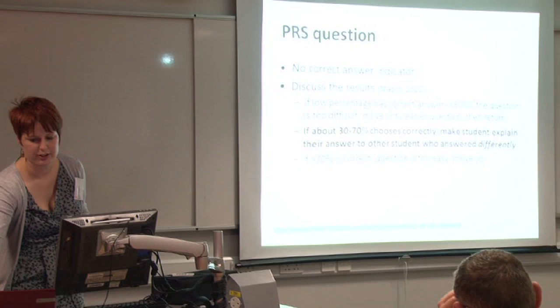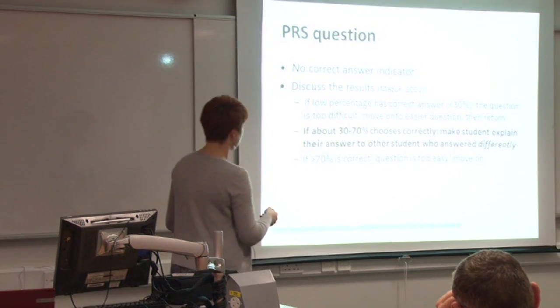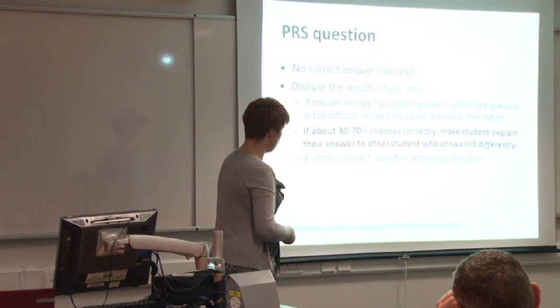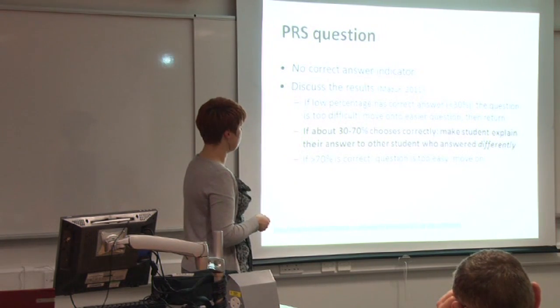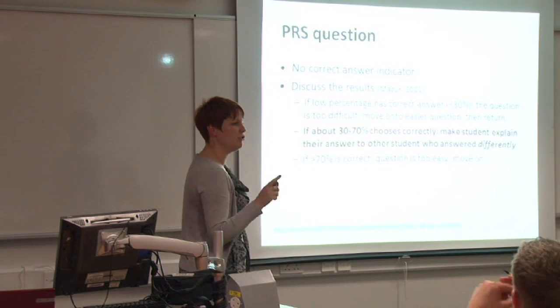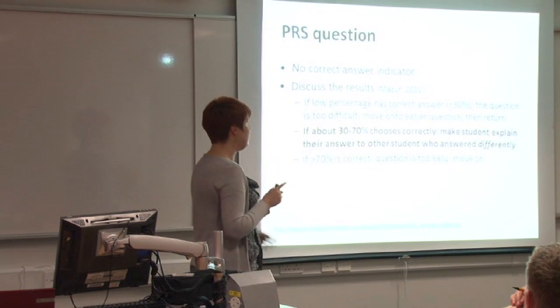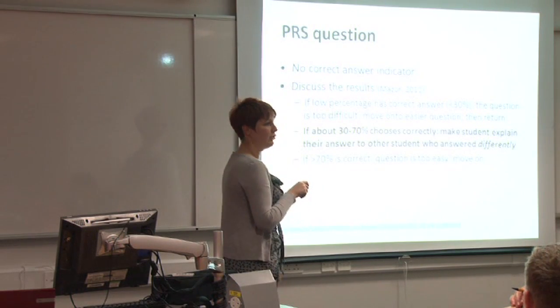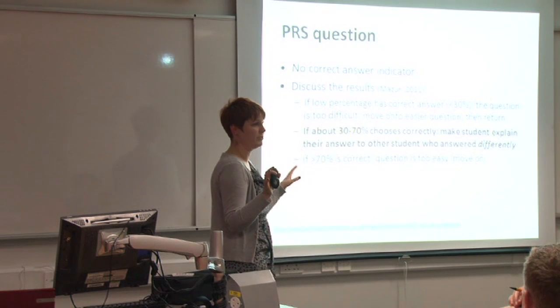Alternatively, and this is actually a very interesting way, and I won't go too far into it, but you can go online and watch Eric Mazur talk about this. When 30 to 70% choose the answer correctly, he doesn't use the correct answer indicator, so nobody actually knows what the answer is.